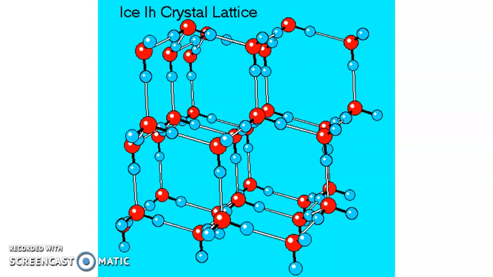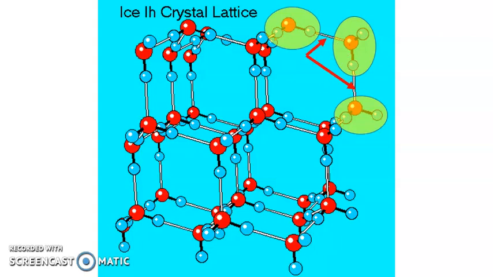So again, back to this ordered crystal. If we take a look at one H2O molecule, the little black sticks that are drawn in between the red and the blue spheres, those are covalent bonds. They stay put. They do not change during the melting process.